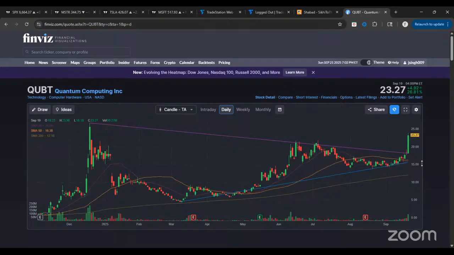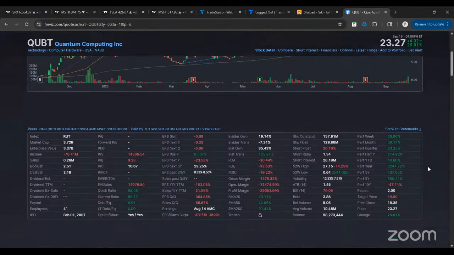But let's see, is it showing green or red? More red. Just like we predicted, right? Because it's a new company, although it's in a sector, in a product that is in demand or soon to be in demand, it's a brand new company, so it's obvious that they're going to have a lot of red.